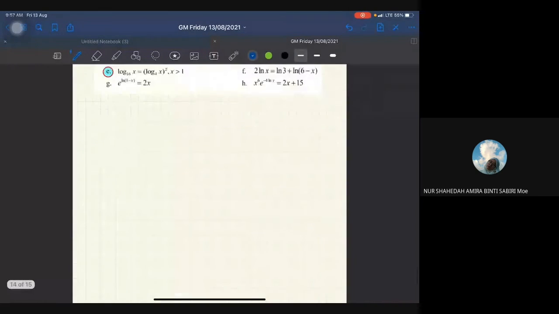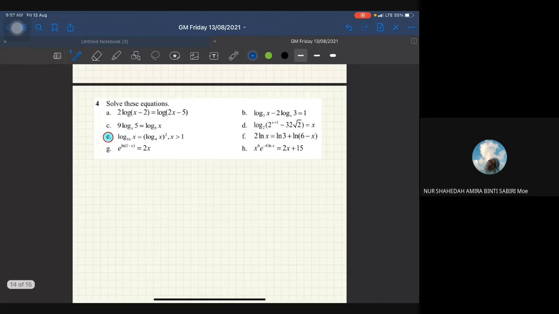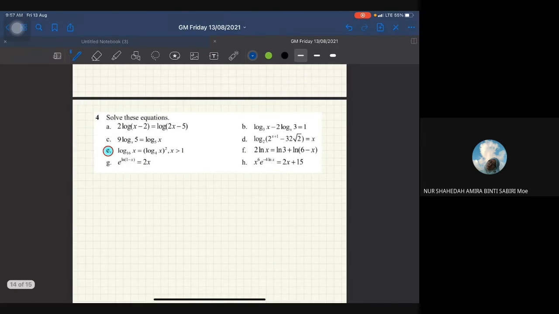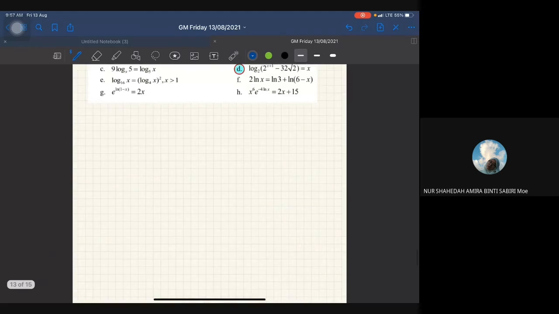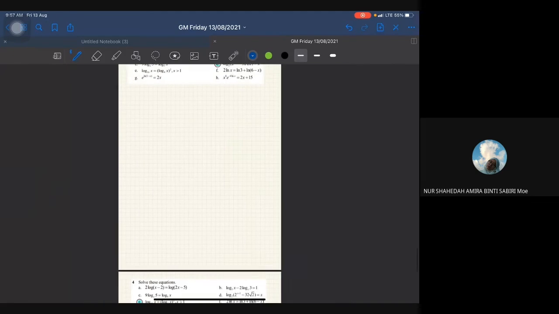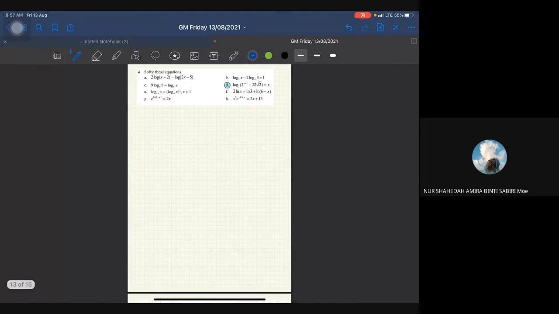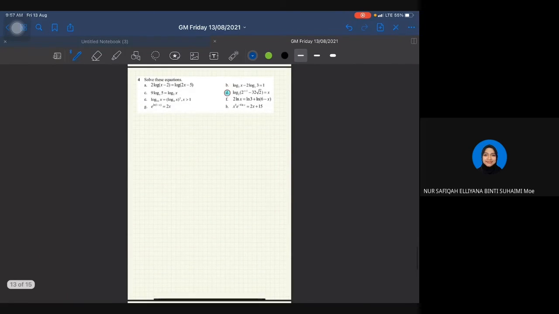Alright, so we go back to previous question. Soalan 4E dan juga 4D. Okay, kejap. Saya nak tanya, awak nak sambung bincang sekarang ataupun nak sambung bincang di kemudian hari Isnin? Sebab nak habiskan juga 2.1. Kalau habiskan hari ni je.